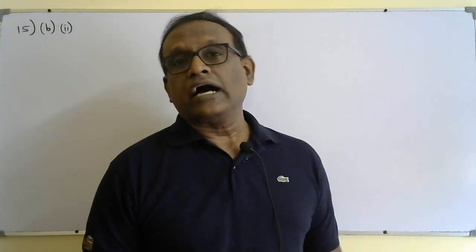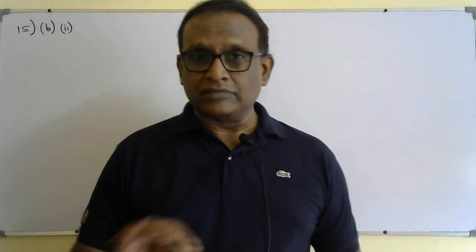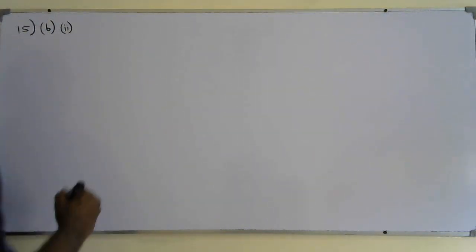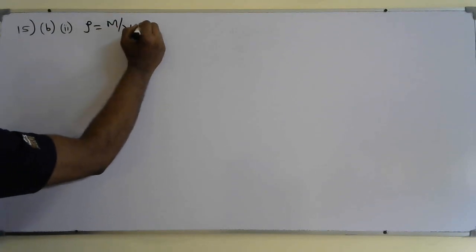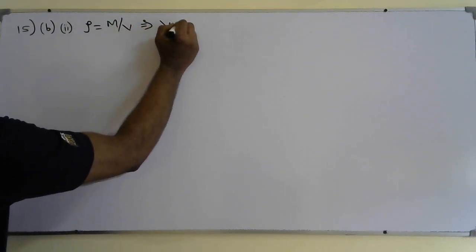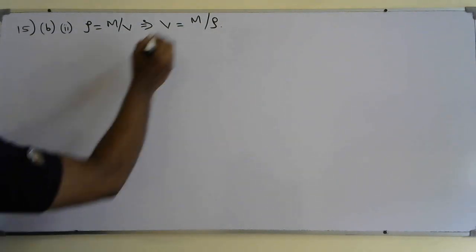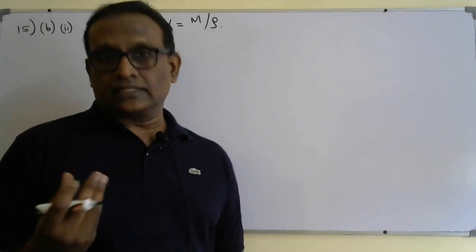They are saying both are made of the same volume. The volume is the same for both gold and brass. We know that density is equal to mass over volume, so volume is equal to mass over density. So both volumes, the volume of the gold and the volume of the brass, are the same.